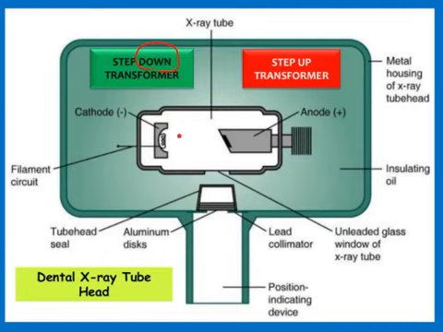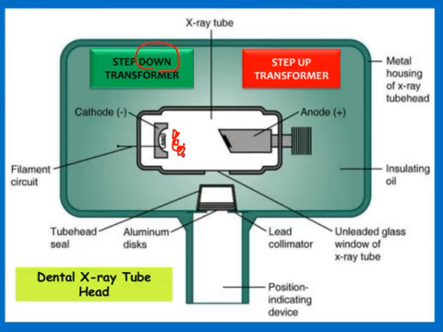Once electrons are produced, they are going to cluster in front of the cathode with the help of the focusing cup, which helps to focus the electrons. If the focusing cup is not there, all the electrons are going to hit the target at random. That means we will not get a diagnostic quality radiograph.